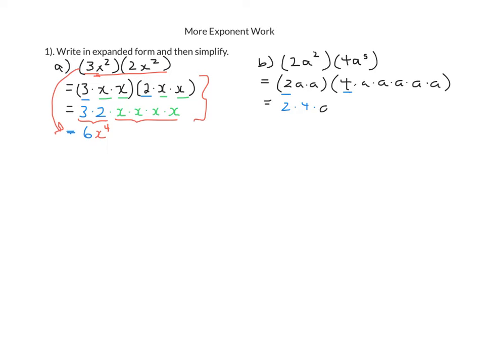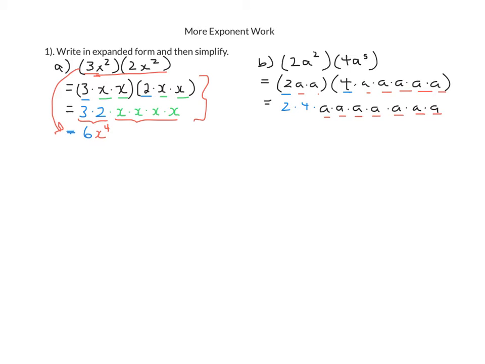I have 2 factors of a from the first bracket, so a times a came from here. And then I have 5 more factors of a from that second bracket: 1, 2, 3, 4, and 5. So 2 from the beginning, and then 5 from the second bracket there.